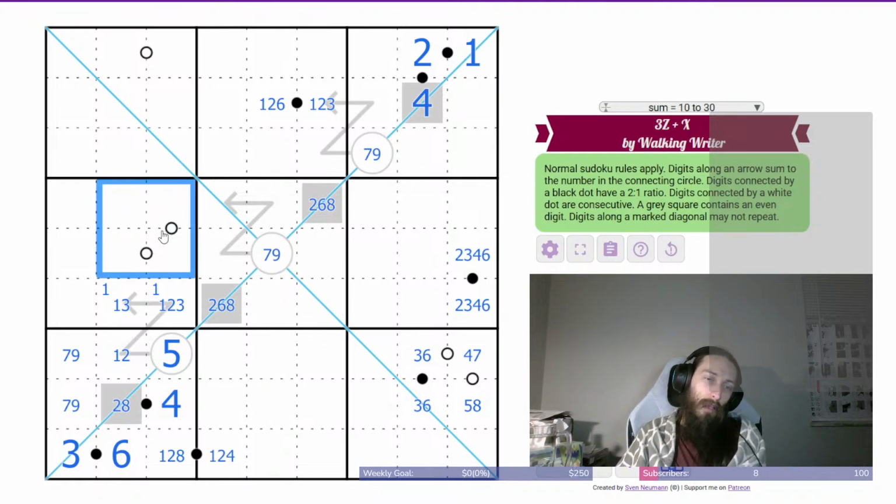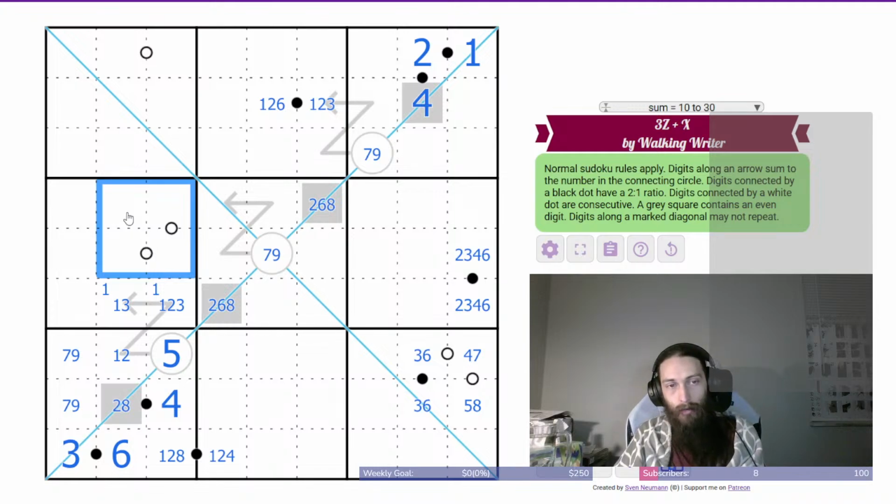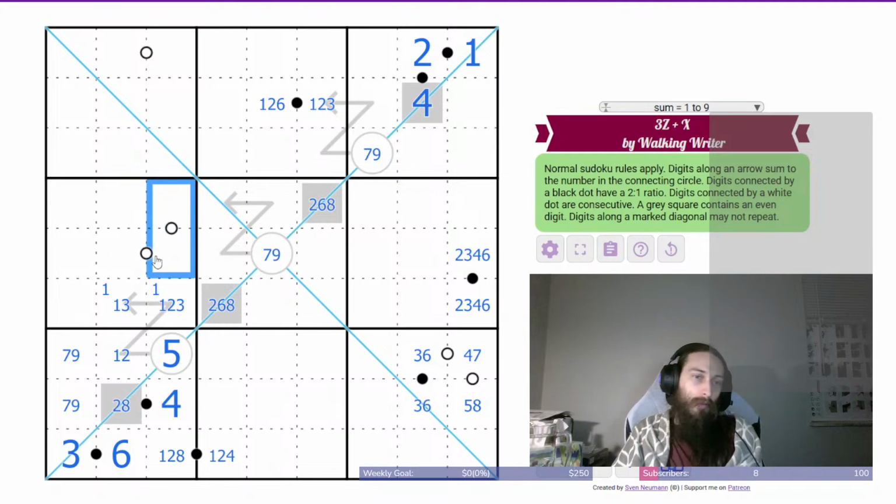That means 7 and 9 have to be in this group, and that 7 must be one of these 3.